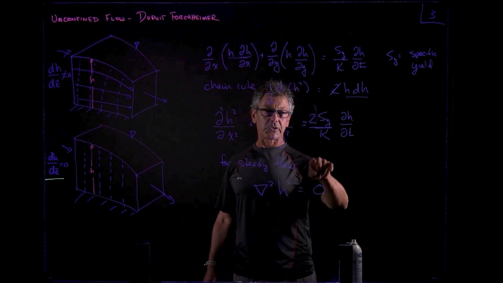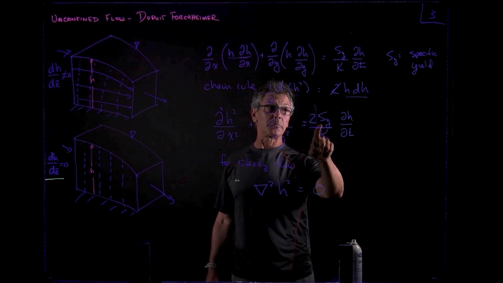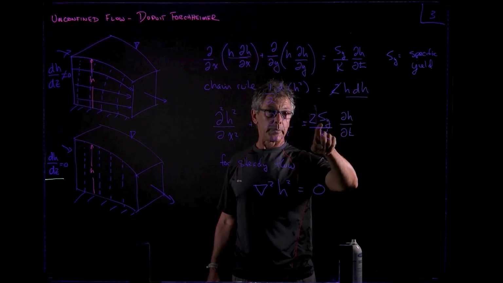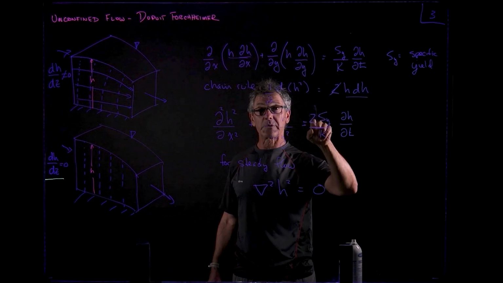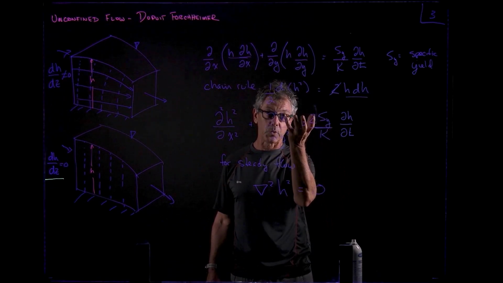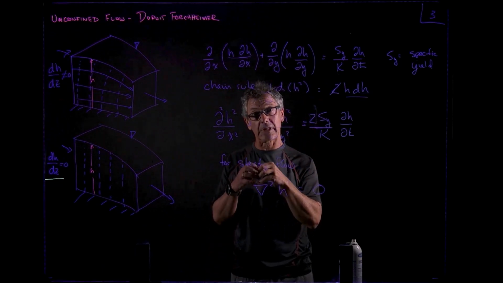So I didn't say much about storage on the right-hand side here. Notice that I've got specific yield instead of specific storage. If we recall, the difference is we use specific yield for unconfined flow because that's drainage out of the pores. That's when the pores are actually emptying out, as opposed to specific storage, which is elastic release.